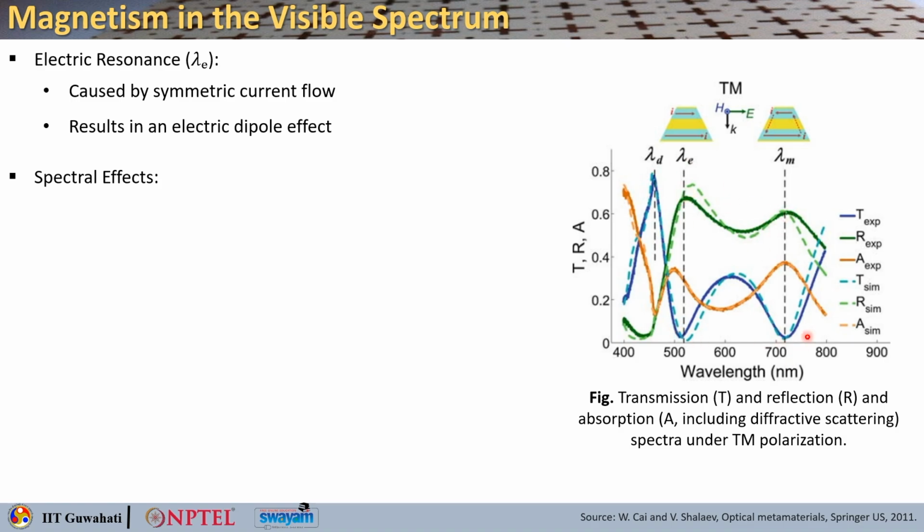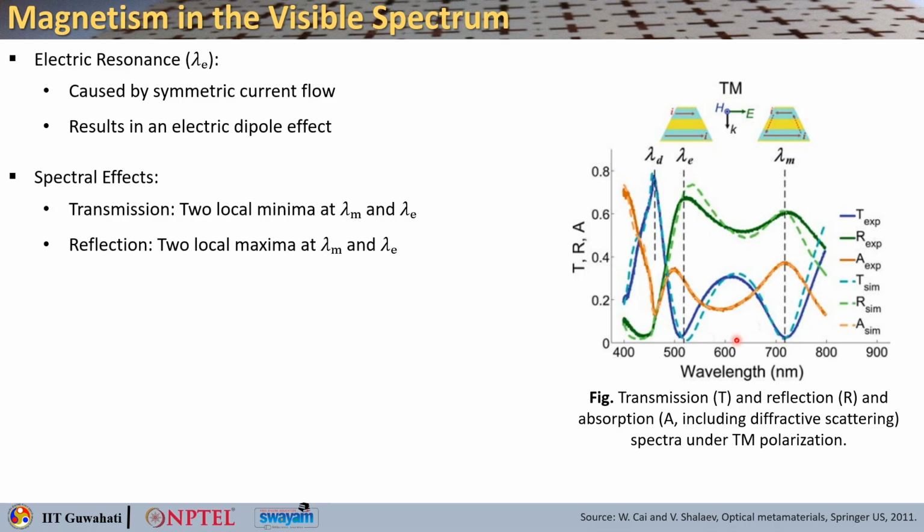The absorption spectrum, which is here, also shows that the absorption is enhanced close to these two resonance wavelengths, and this is natural for plasmonic resonances in metal-dielectric structures. Here the materials are plasmonic because you are using silver.